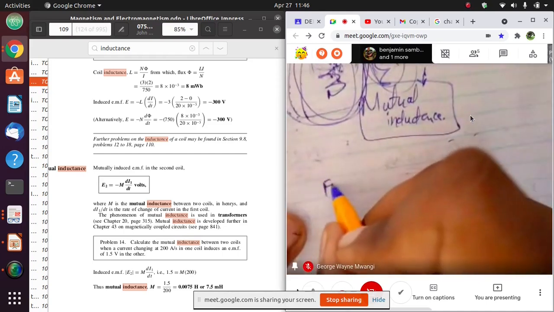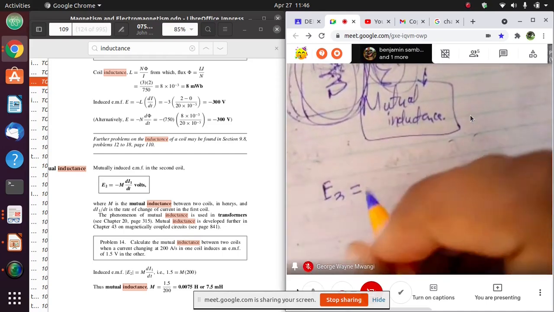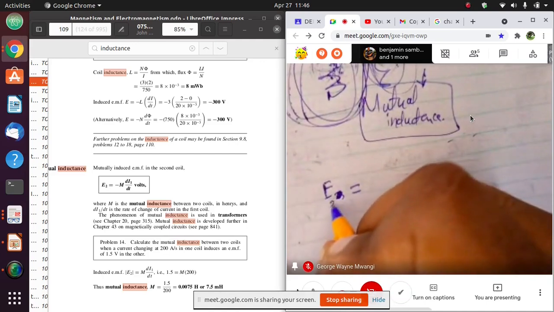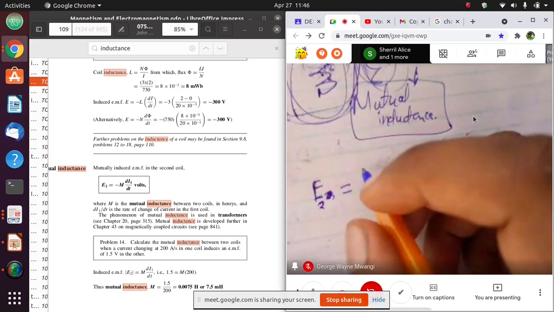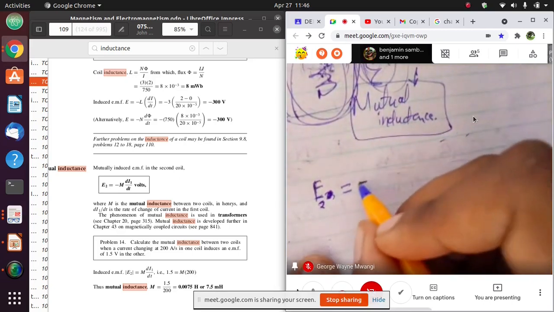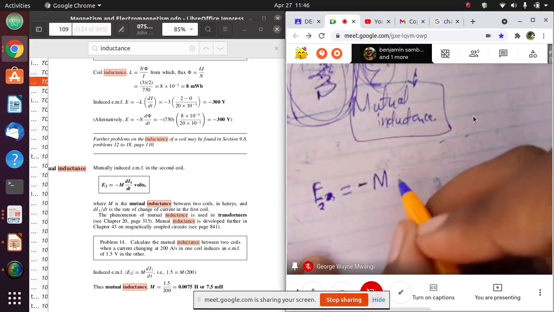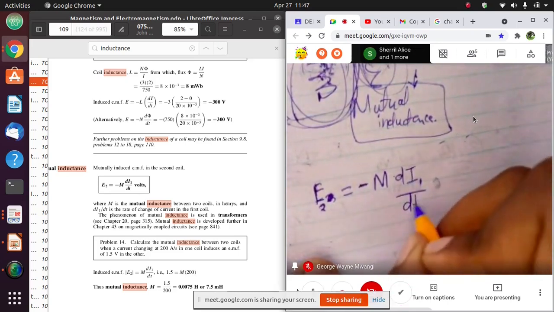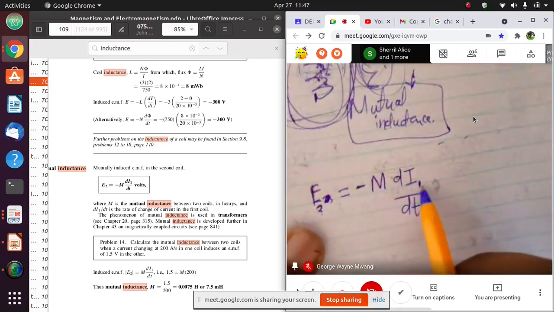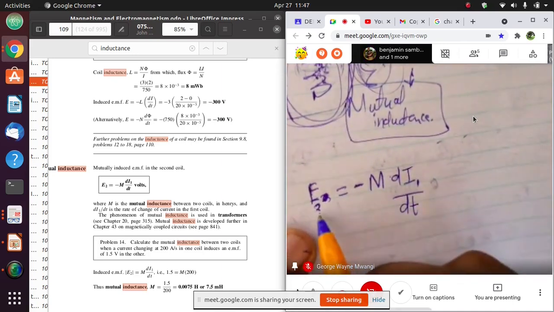Now, we can calculate the EMF in the second coil, the adjacent coil, and it is given by the subscript 2 and the subscript 1. These are referring to the second and the first coil.